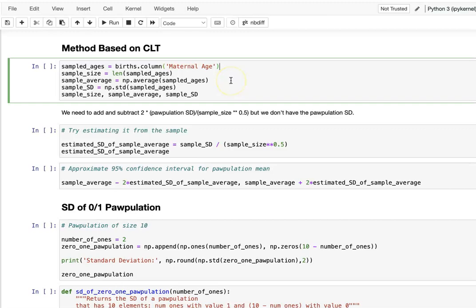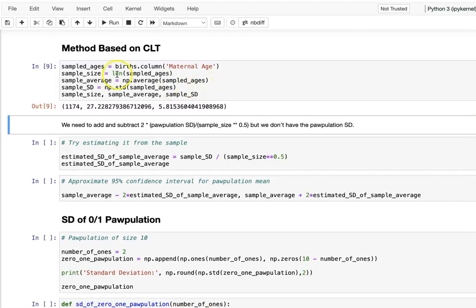That's all the data we can use in our NumPy function to calculate. We can see our sample size is 1174, the sample average is 27.2282, and the sample standard deviation is 5.815.